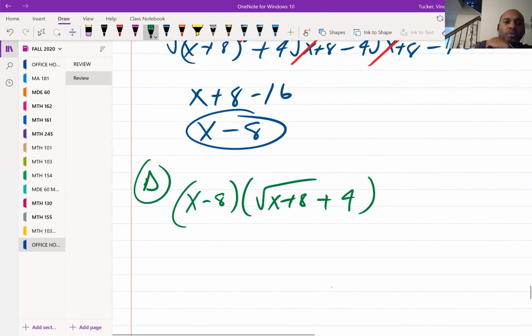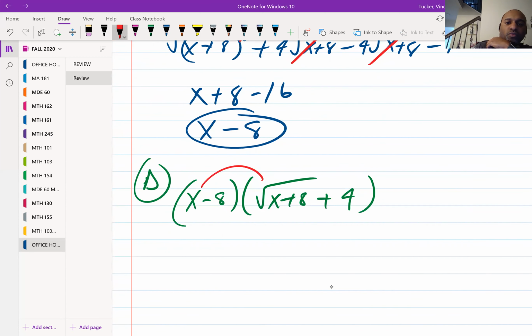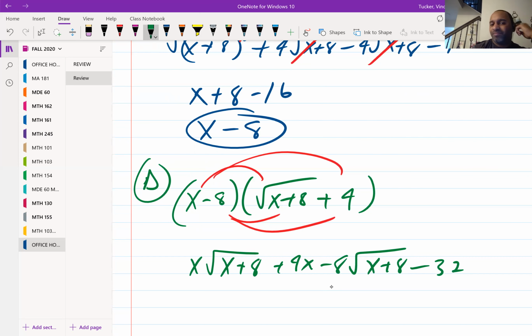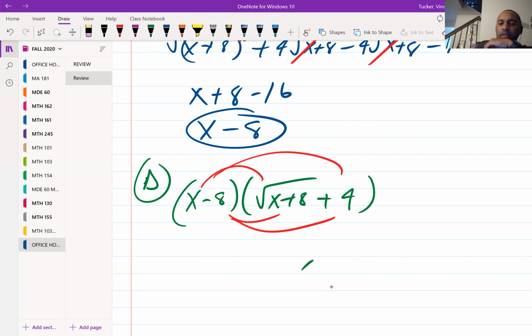So FOIL once again. That'll be x square root of x plus 8 plus 4x, negative 8 square root of x plus 8, minus 32. Nope, I'm going to leave that alone. It's not going to help me. So I'm going to leave that the way it is.